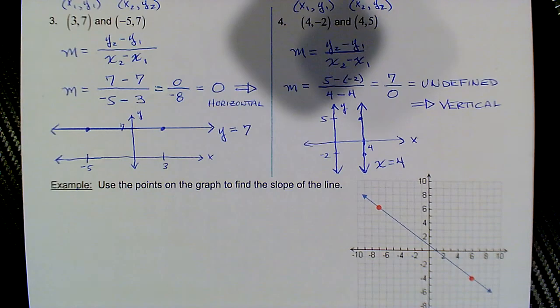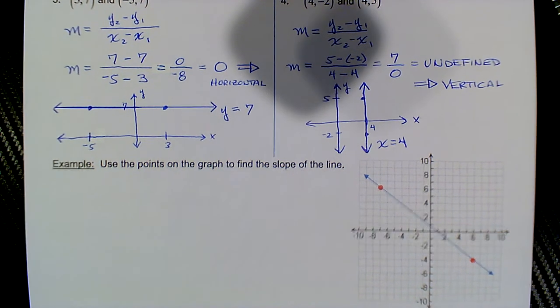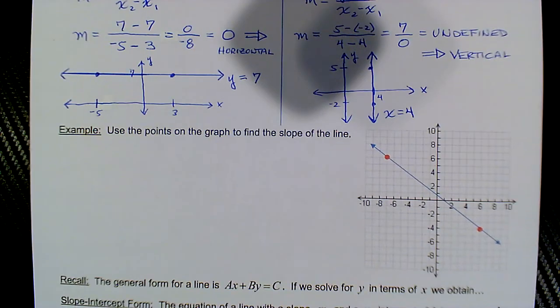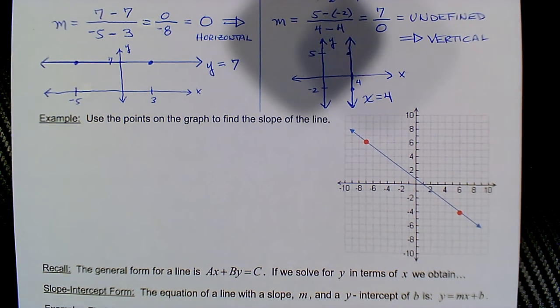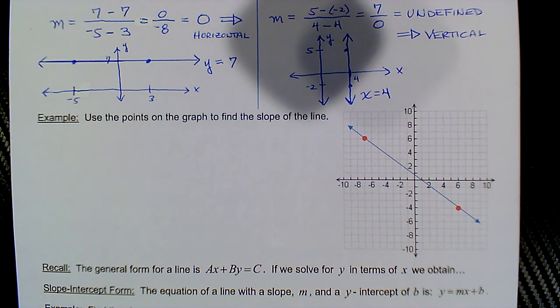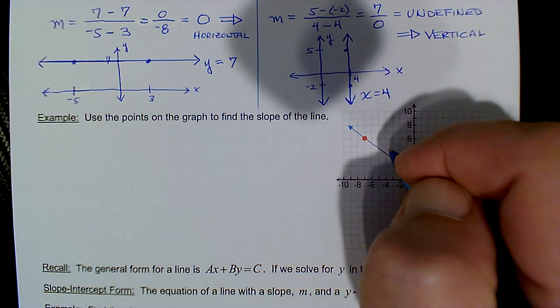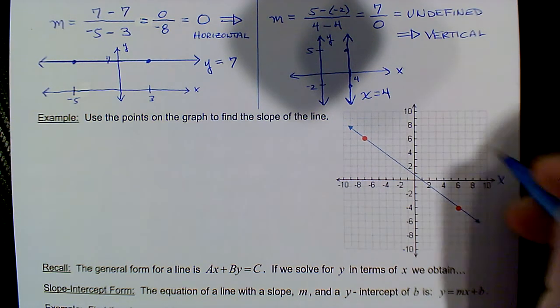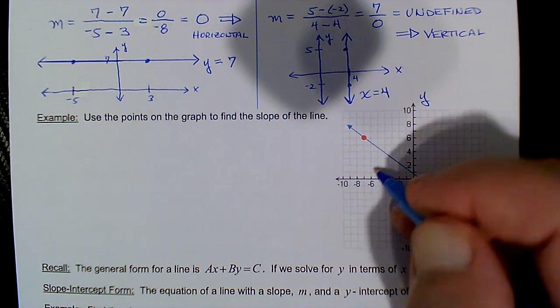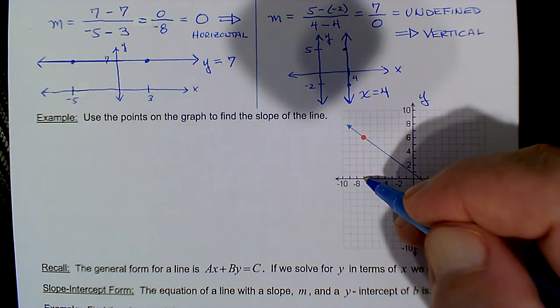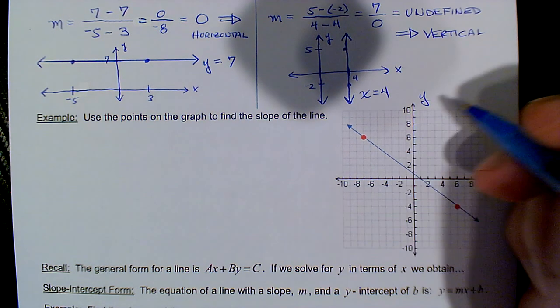So the 2 points are -7, 6, and 6, -4. And if you want to label them with the little crutch of x1, y1, x2, y2, and go to the slope formula, which again is y2 minus y1 over x2 minus x1, just simply plug those values in.